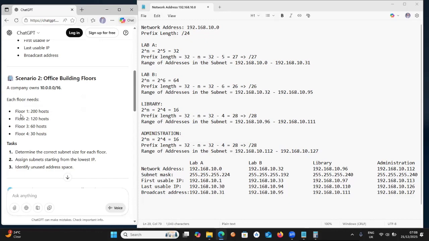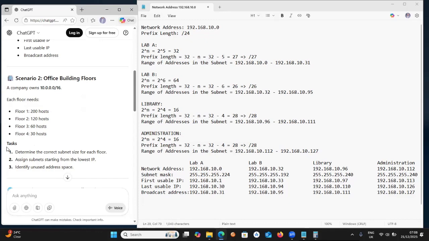Floor 1 needs 200 hosts, floor 2 needs 120 hosts, floor 3 needs 60 hosts, and floor 4 needs 30 hosts.